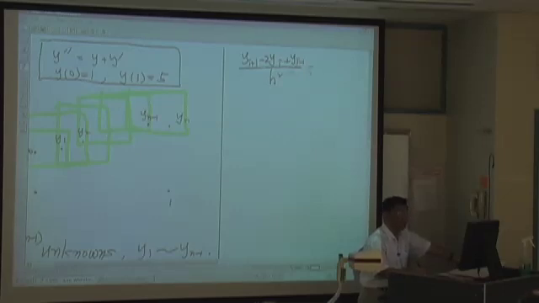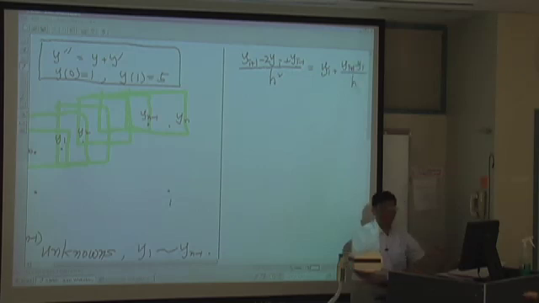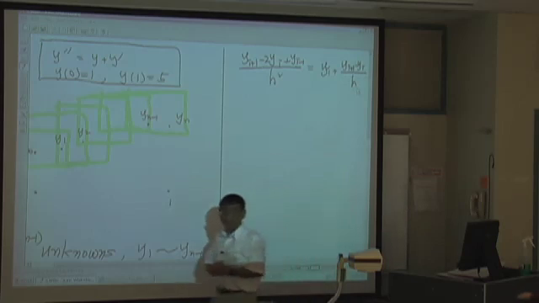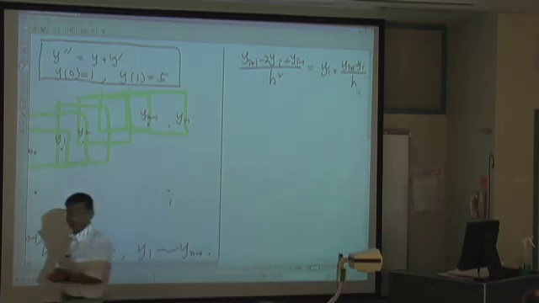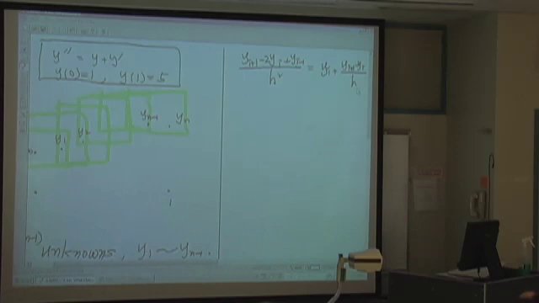And then y is yi. And then y primed is yi plus 1 minus yi over h. So take a look. The differential equation is not a differential equation anymore. It's the algebraic relation of y1 through yn. So we have a bunch of algebraic relations depending on i. i varies from 1 through n minus 1.